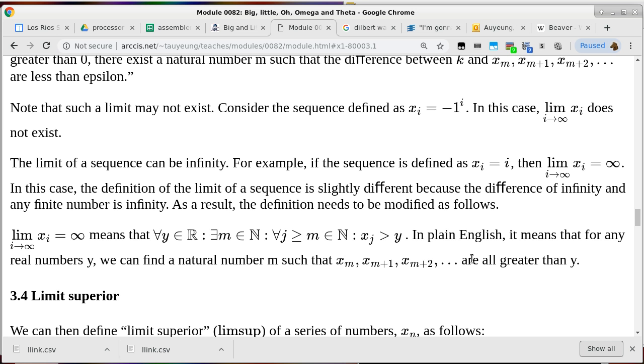So with a series that looks like this, where it converges to infinity, you can no longer say that it has one particular value that it converges to, which also means that you cannot find the infimum or the supremum in such a series. It doesn't make sense to ask, with this series, what is the maximum lower bound?